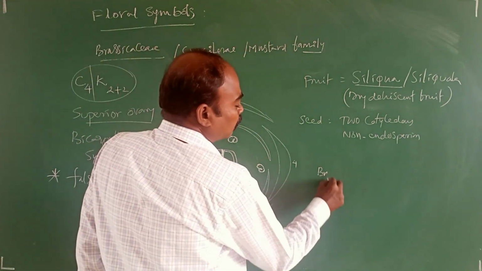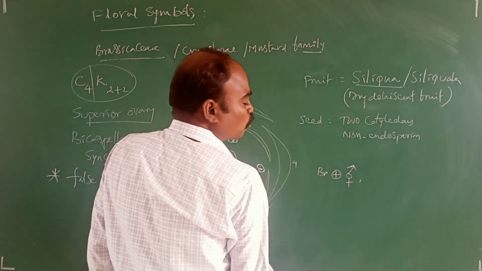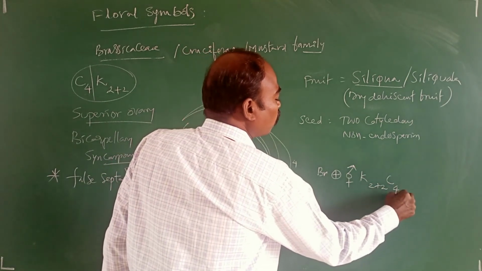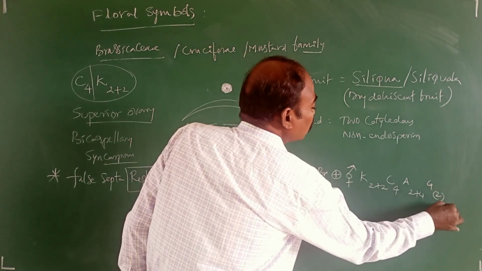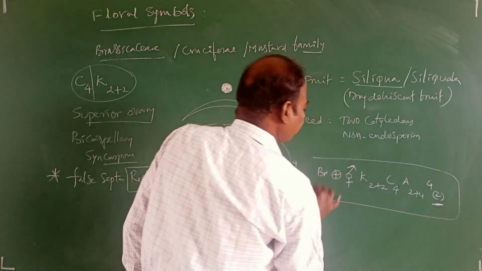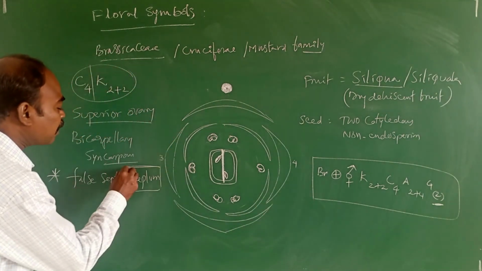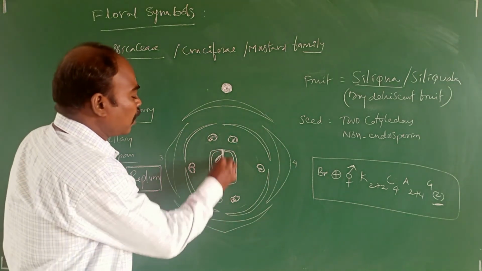Formula: actinomorphic, bisexual, calyx 2 plus 2, corolla 4, androecium 2 plus 4, gynoecium 2, superior ovary. Okay, tetradynamous condition, replum, that is the false septa.